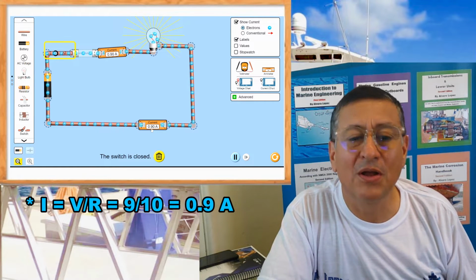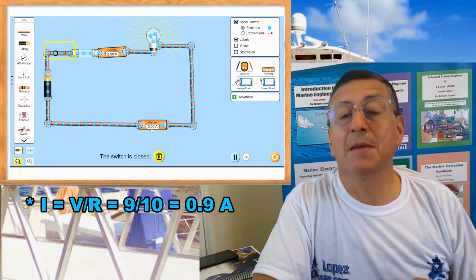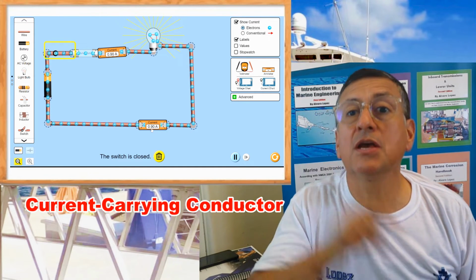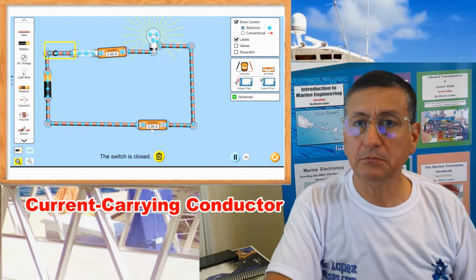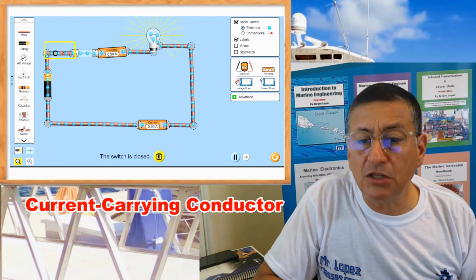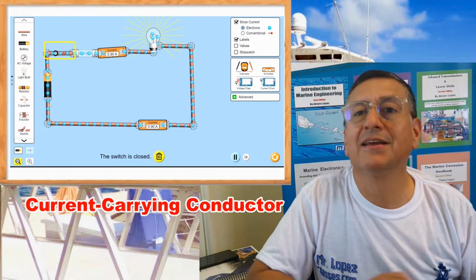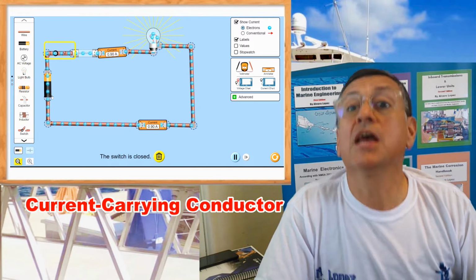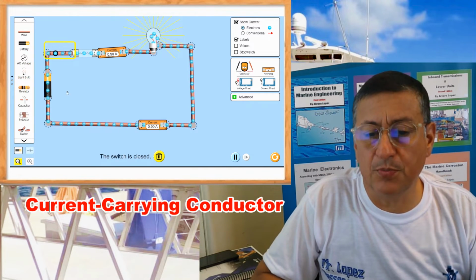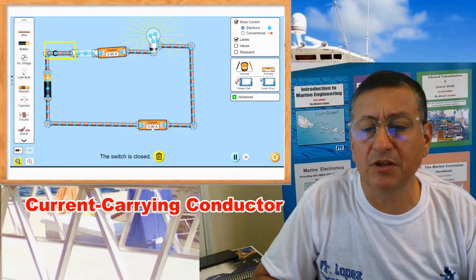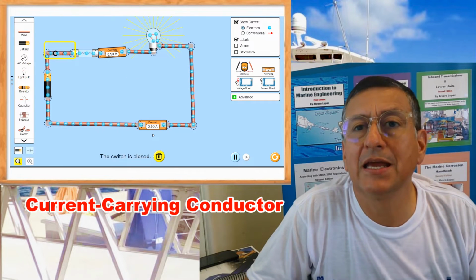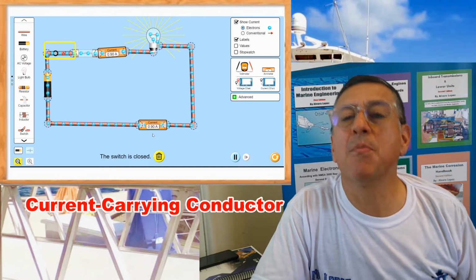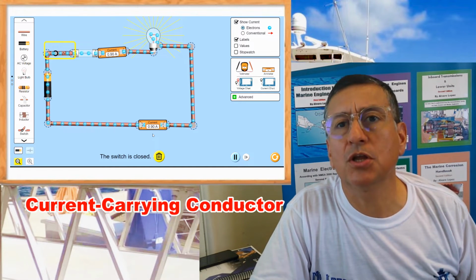Then the positive conductor, the red one, in a DC circuit is a current carrying conductor. The negative conductor, the black one, in a DC circuit is also a current carrying conductor, 0.9 amps. Both of them with 0.9 amps. Both of them are current carrying conductors.